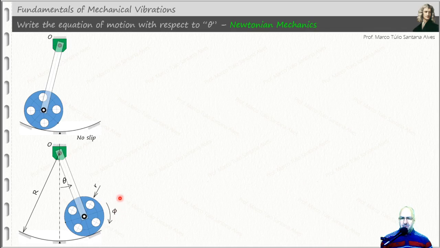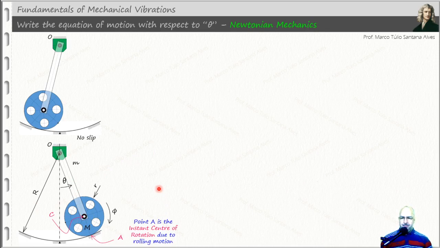The radius of the disc is r, the mass of the bar is m, the mass of the disc is capital M. The contact point between the disc and the cylindrical track is point A, and the center of the disc is point C.